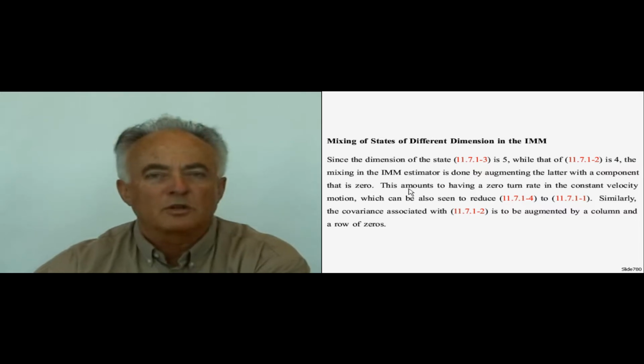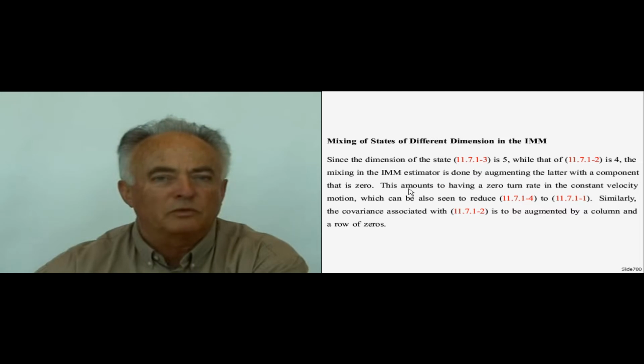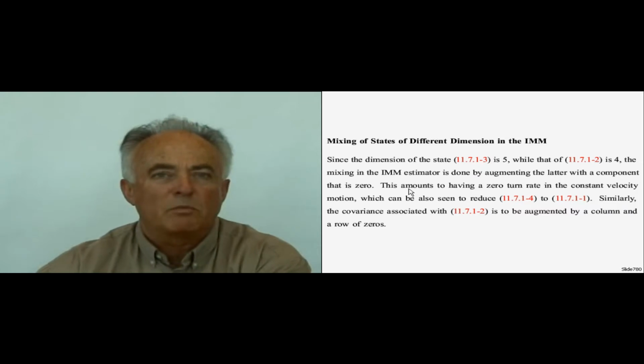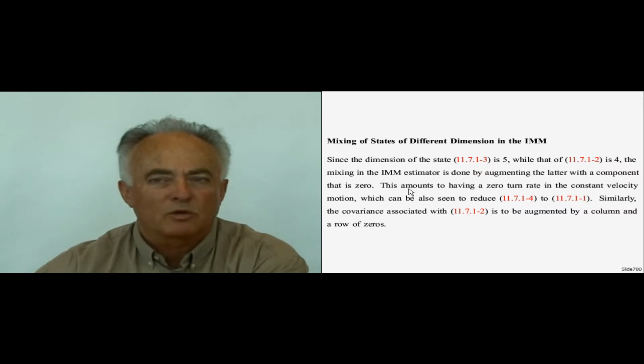Because what is a nearly constant velocity motion? It is a coordinated turn with 0 turn rate. So it is natural that for the 4-dimensional state we append the 5th state component as 0. Then we have compatibility in the dimensions when we combine those two 5-dimensional vectors.